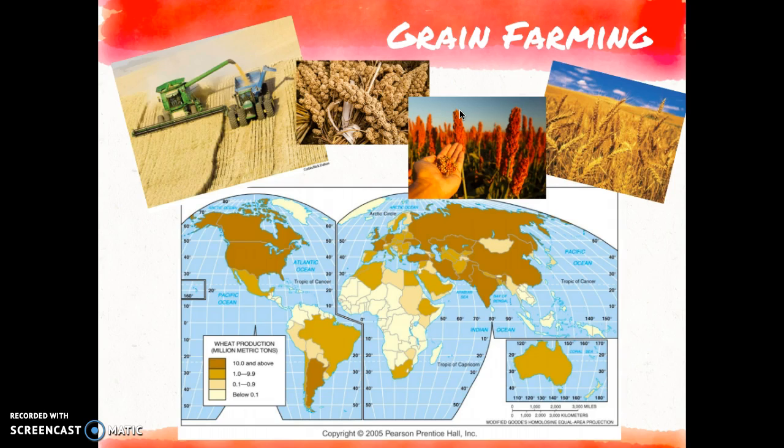This is done in drier climates, such as steppe or humid continental. We do see a lot of soil degradation on these farms as well, because again, we see overplowing of the soil, and that contributes to less health.